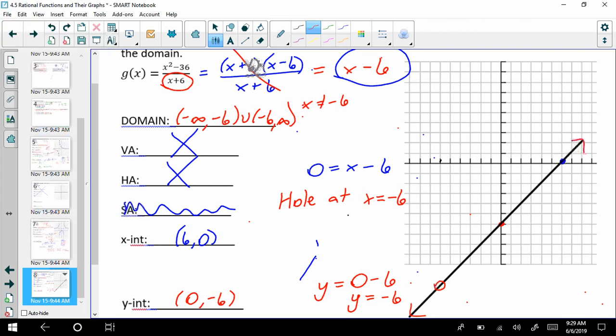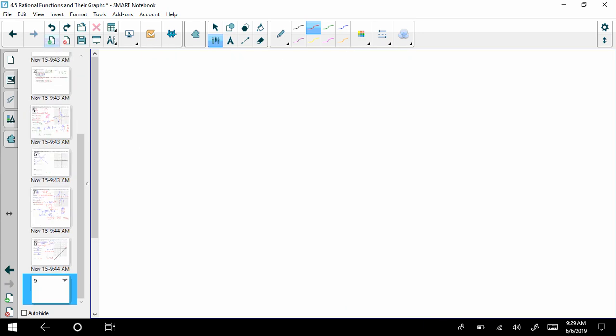hopefully it makes sense. So I just want to go over one last thing just to make sure we have this down. If I had something like this, x squared minus 5x, and let's change that 5 to a 3. And let's say on the bottom I had x squared minus 16.